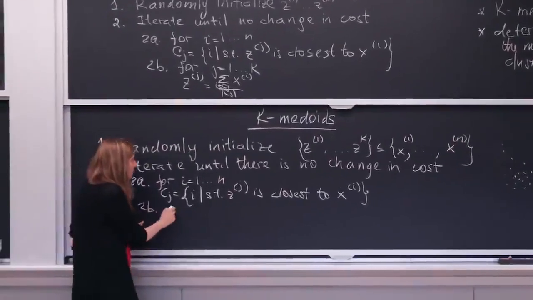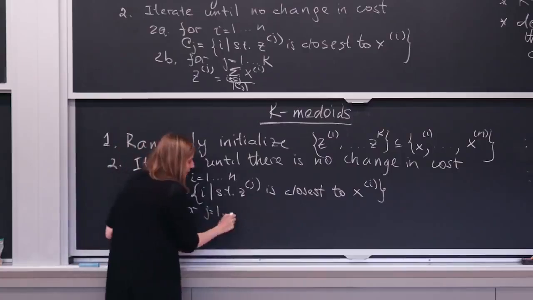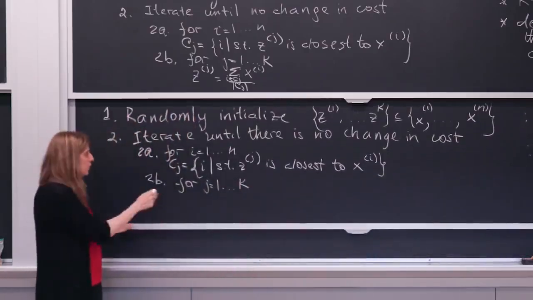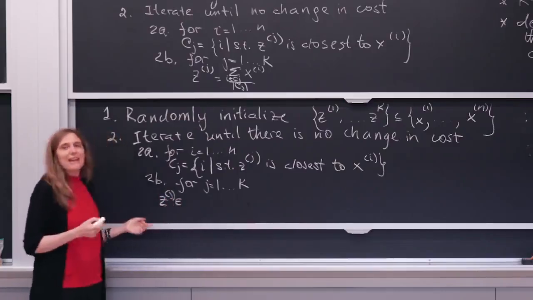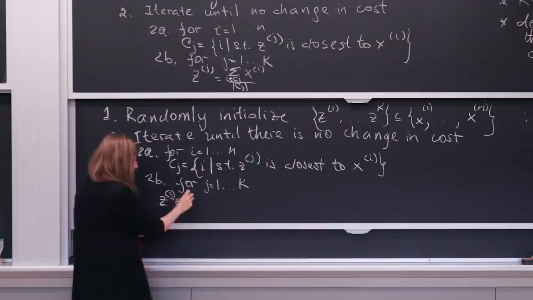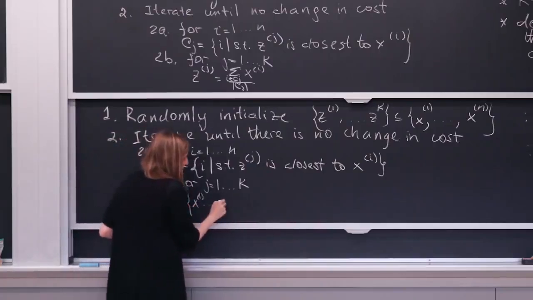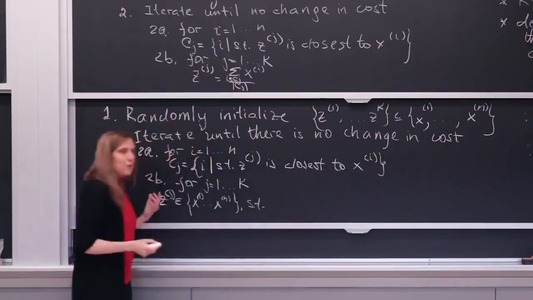We will go from the first cluster 1 to cluster k, and then we would say I want to select point zj, and this particular point is going to come from my original set, from my original points x1 to xn. And what would I request from this point?